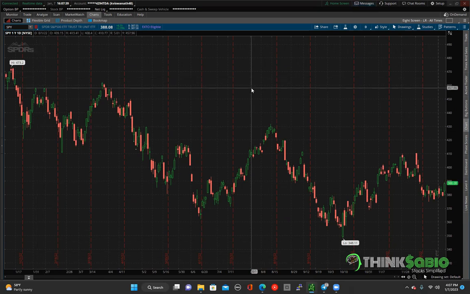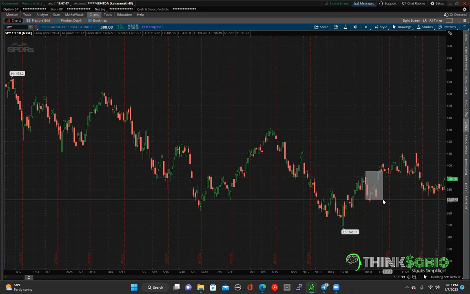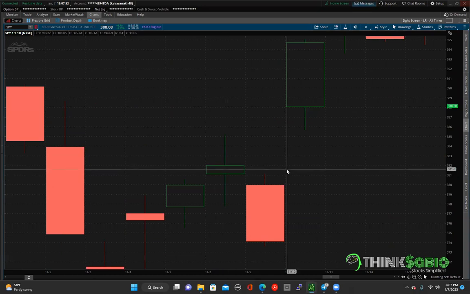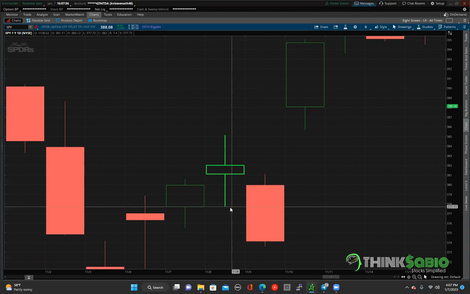One basic thing that we have to understand in a candlestick is, let me zoom into this candlestick. Let's take this one, for example. How to read a candlestick. This right here is called the body, and these lines are called the wicks.